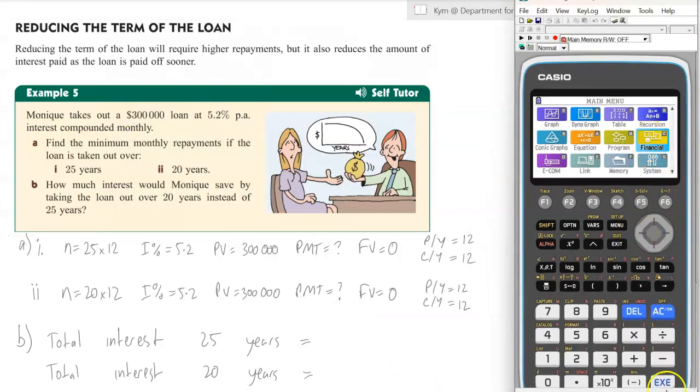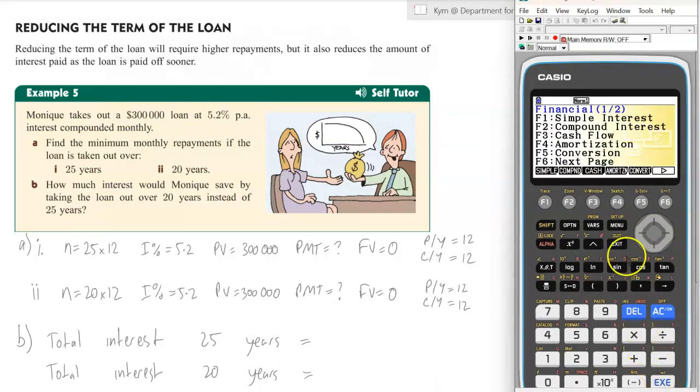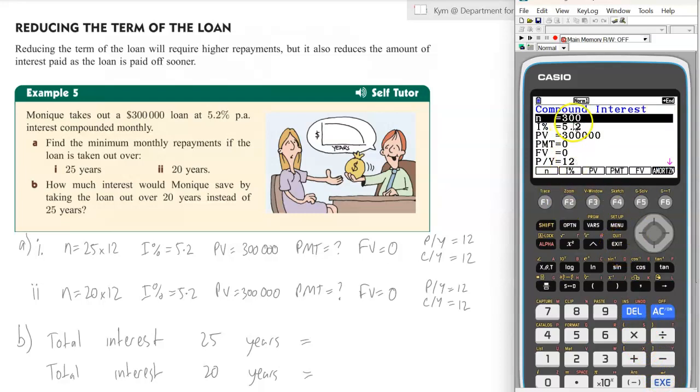Again, in the financial function there, I've saved a little bit of time by doing that already. I'm going to ask it just to calculate PMT for me, which for 25 years, which is 300 months, works out to be $1,788.91.